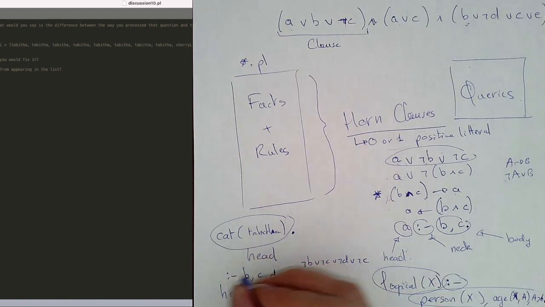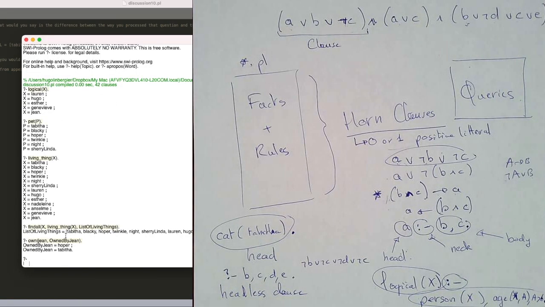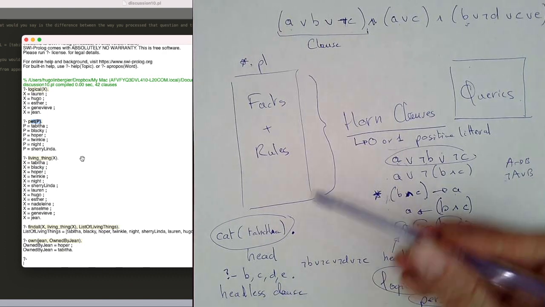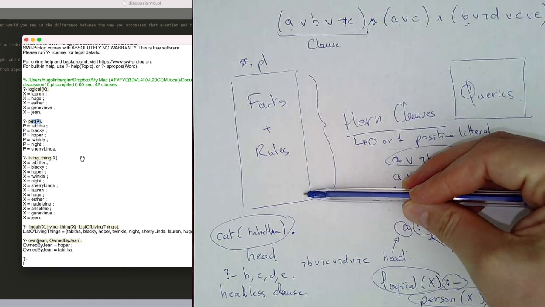So basically, if you replace the colon here by a question mark, you have the symbol that we have on SWI here, question mark dash, that asks us for a query. So when I put question mark dash pet(P), I am basically giving to Prolog a headless clause that is going to be checked against the whole logic database.